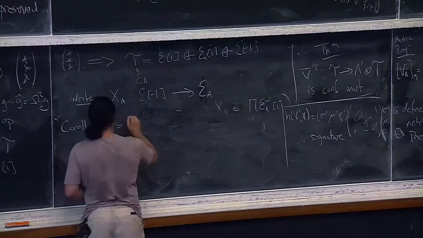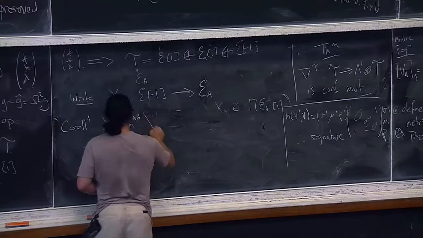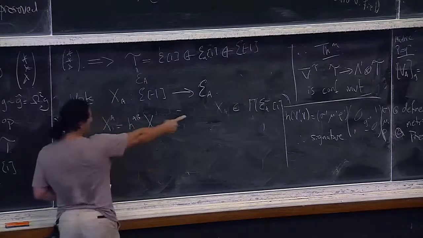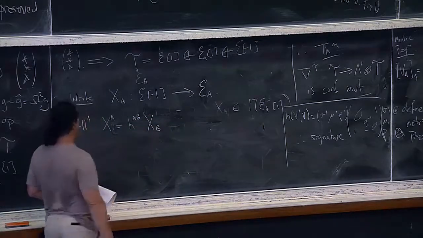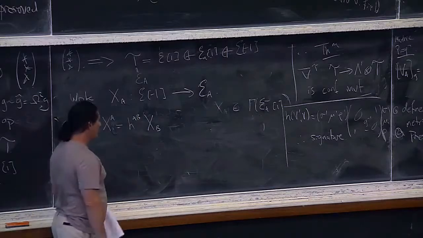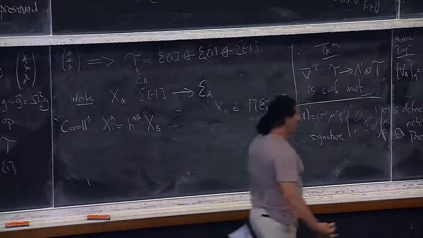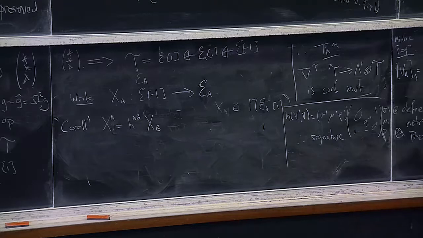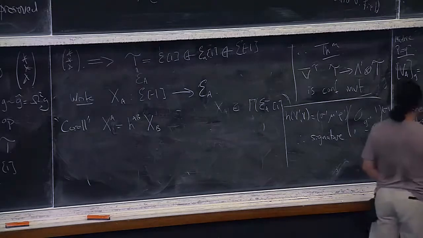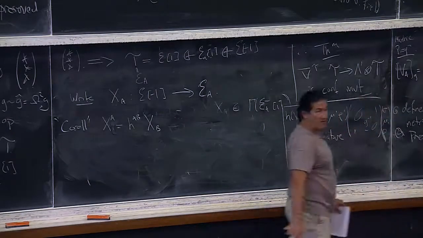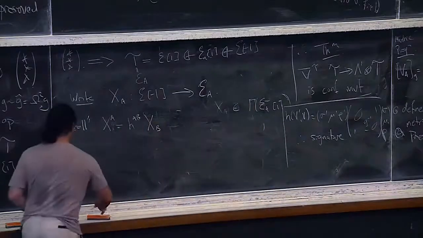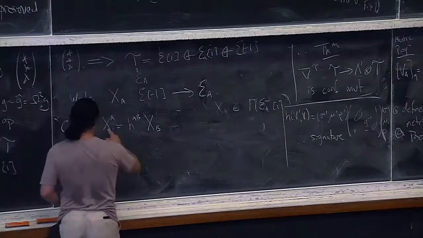So X^A, which is H^AB X_B. So this is the metric I've just been talking about, but now written in abstract indices. I'm going to use it to raise and lower indices. I'm safe to do that, right? Because it's preserved by the connections. So there's no danger in raising and lowering indices using the tractor metric.